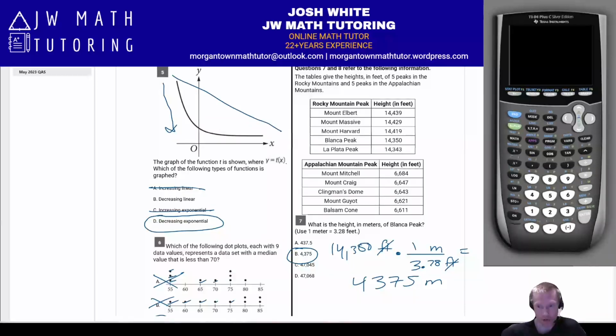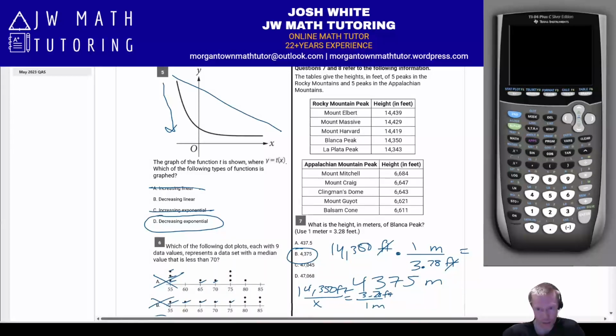From the conversion factor, which is 3.28. So it would be, again, 14,350 on top, number of meters on the bottom. And then on the other side, you would put the 3.28 feet on top, and then 1 meter on the bottom. And then you cross multiply, and you end up doing the same exact operation, which is 14,350 divided by 3.28. So if you want to use proportions, that's fine too.